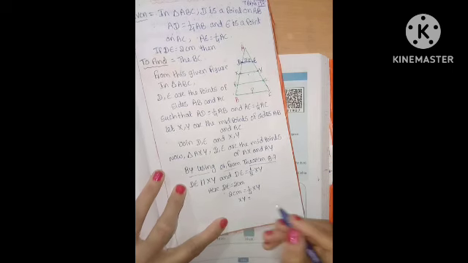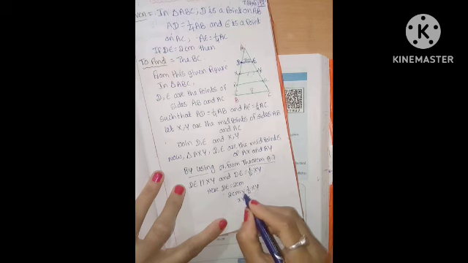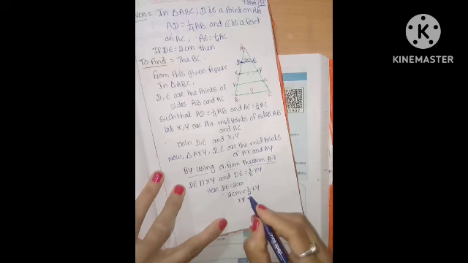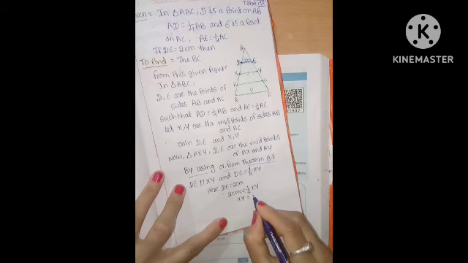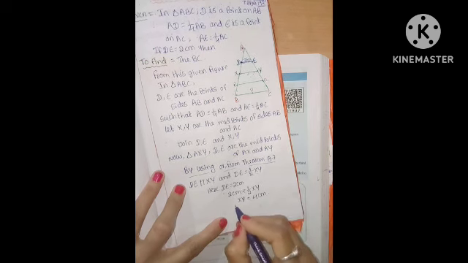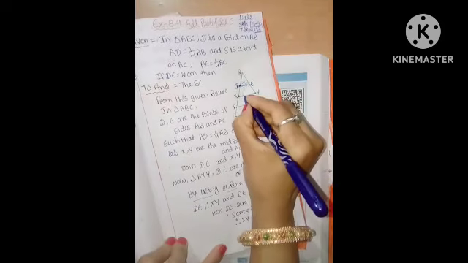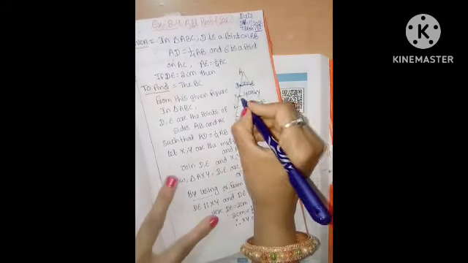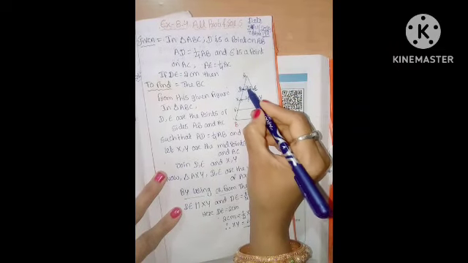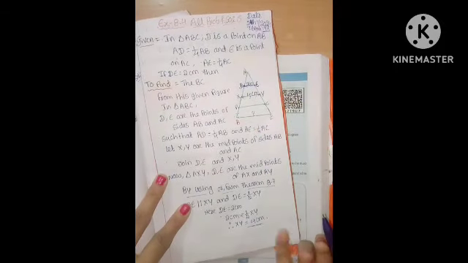Variables you write on one side, all other constants move to the other side. So now we do the cross multiplication. XY is equal to 2 into 2, which is 4 centimeters. Therefore, XY is equal to 4 centimeters. XY is the third side and this is half of it, so that's why 2 centimeters.